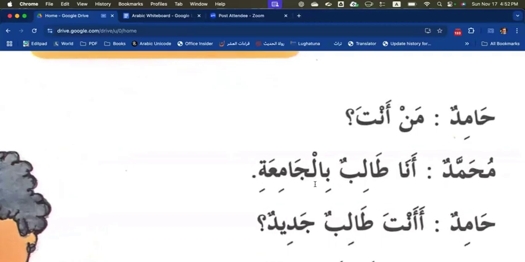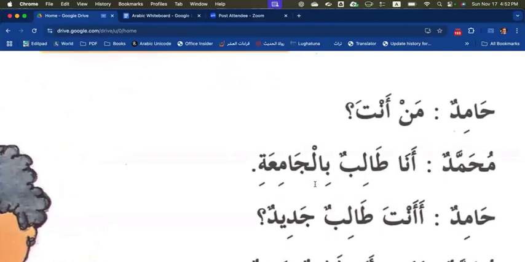One quick question. For the disconnected prepositions, you say fi, ala. Are the rules the same for the prepositions which are disconnected and the ones which are connected? Yeah, whether the preposition is connected or disconnected, the rules of prepositions stay the same.